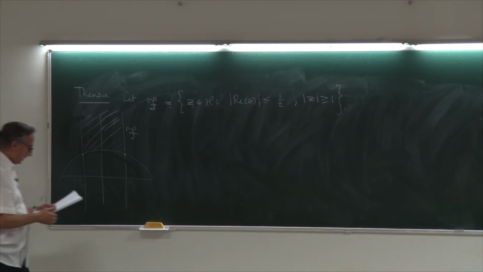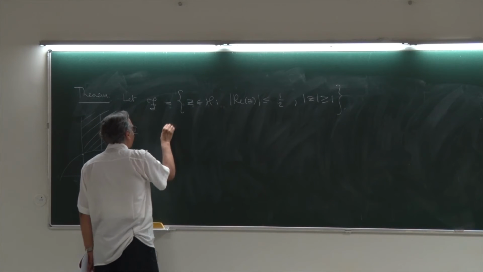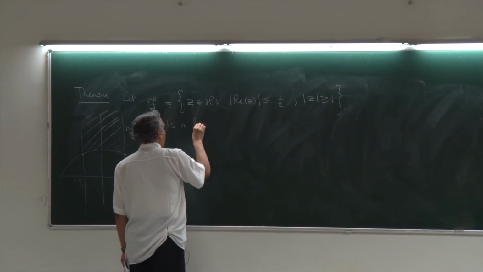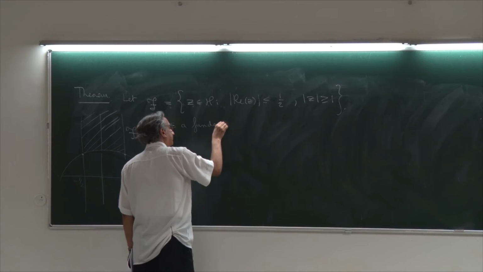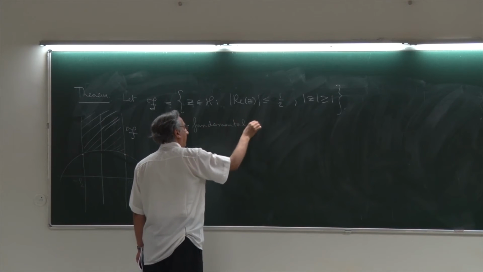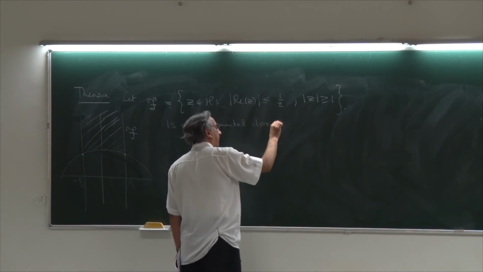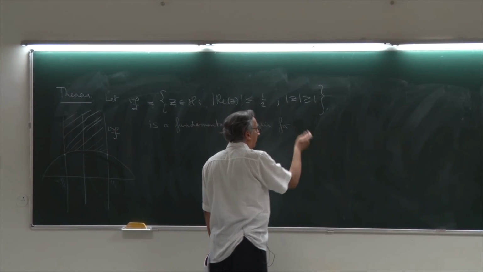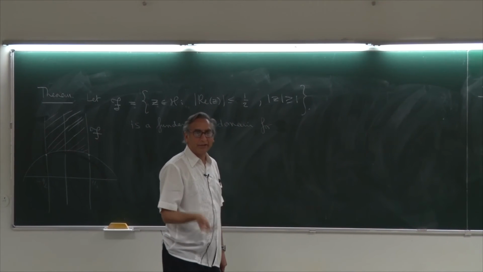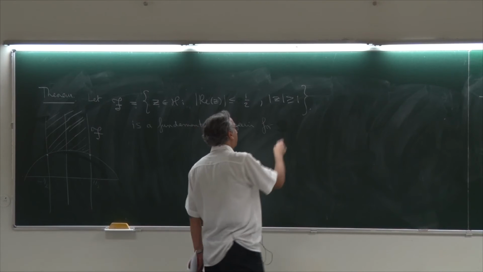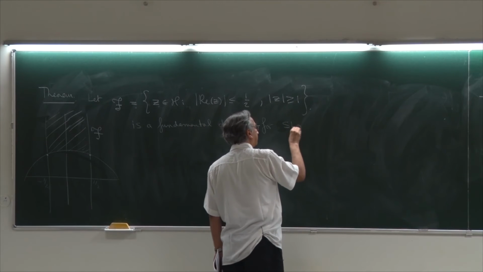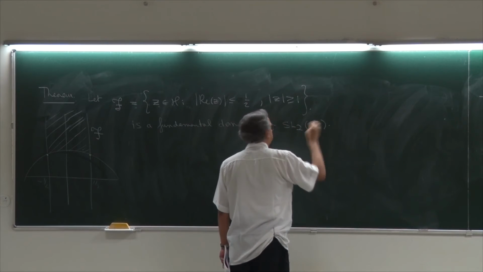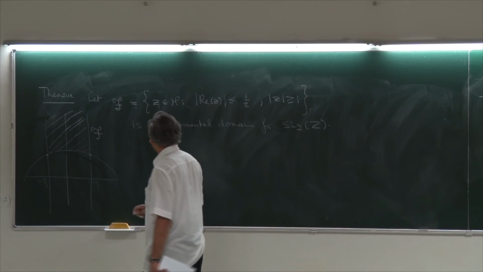And this particular region is a fundamental domain for SL2Z, or people just say for SL2Z, but for the action of SL2Z on the upper half plane, okay? For SL2Z acting on H.